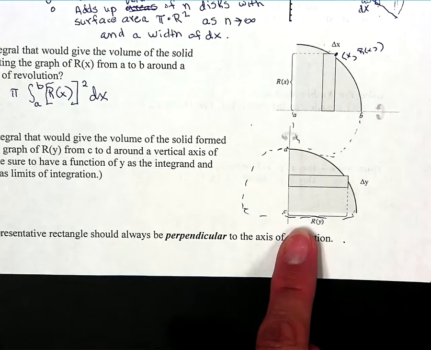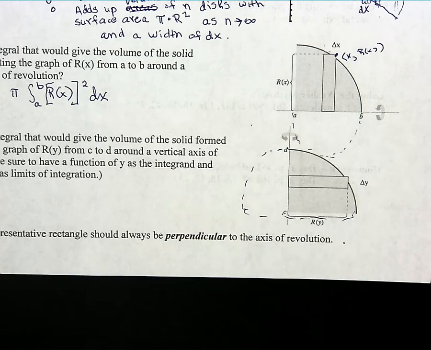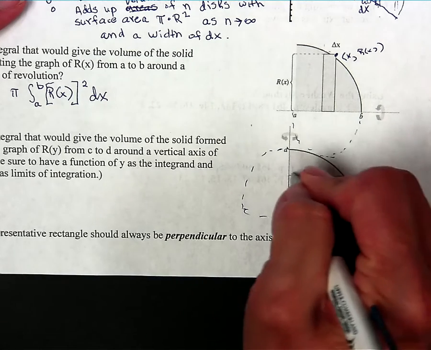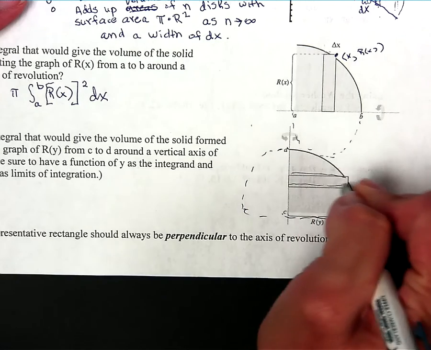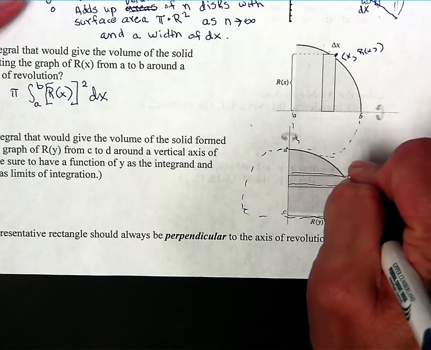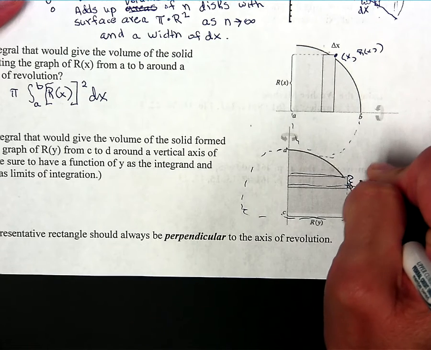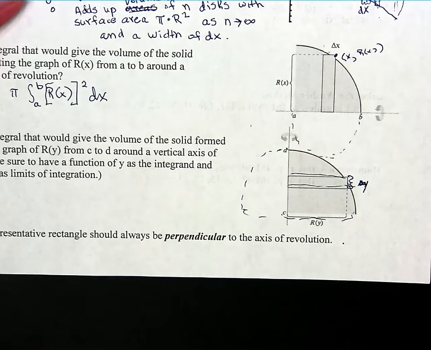It makes sense if I'm spinning with respect to the y-axis, then I would be adding up horizontal rectangles or horizontal discs. The width of each disc is delta y.